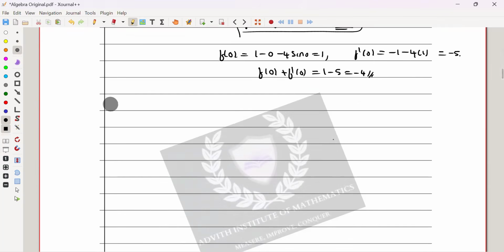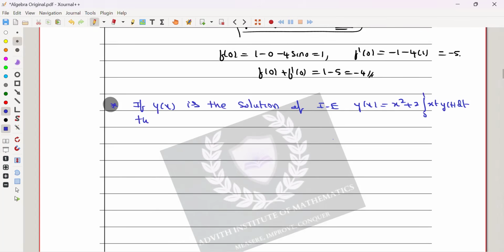If y of x is the solution of the integral equation y of x equal to x square plus 2 into integration of 0 to 1 xt into y of t dt, then which one of the following is true, sir?